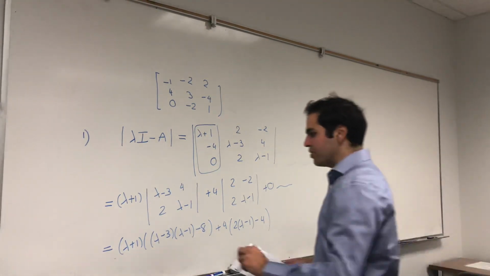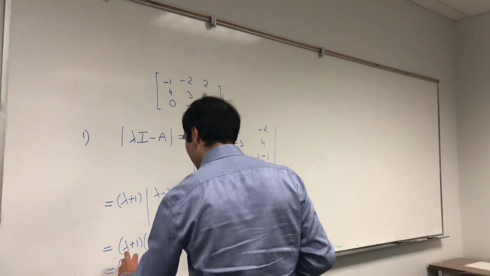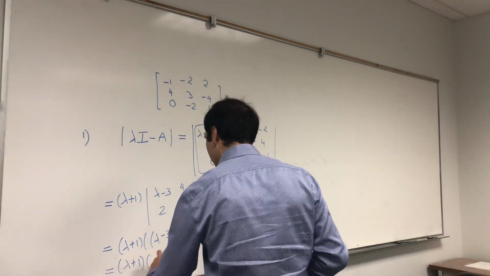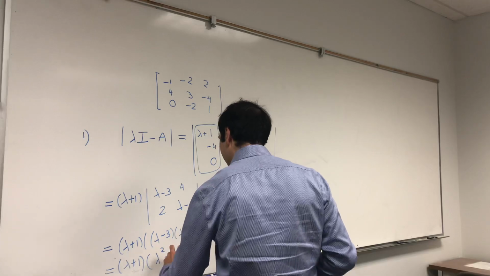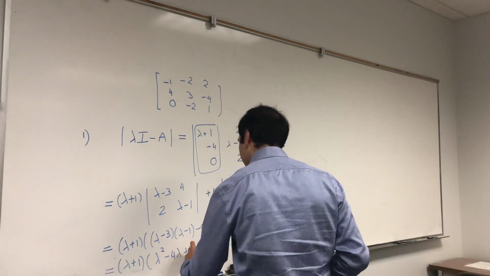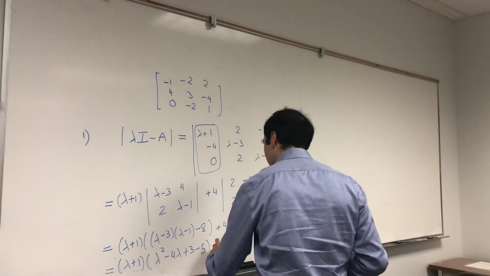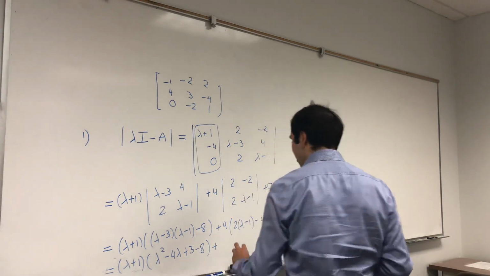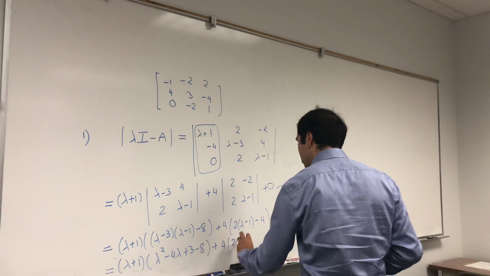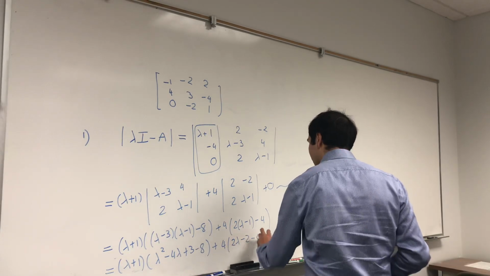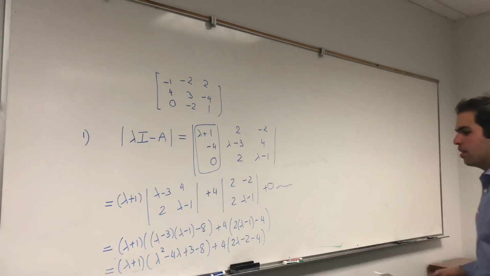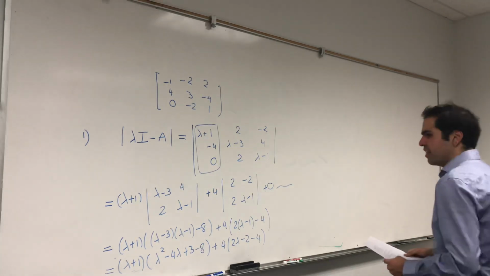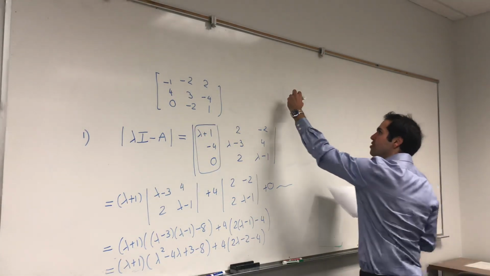And then you just expand it out again. So lambda plus 1, and then lambda squared minus 4 lambda plus 3 minus 5, and then minus 8, plus 4 times, so 2 lambda minus 2 minus 4. And then you simplify that. Let me see, maybe here.